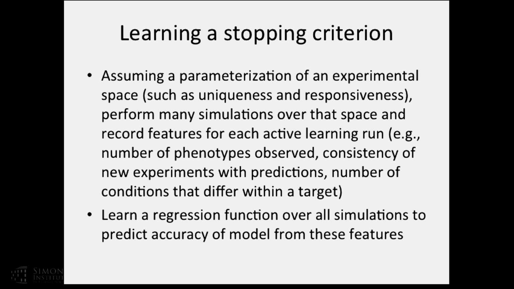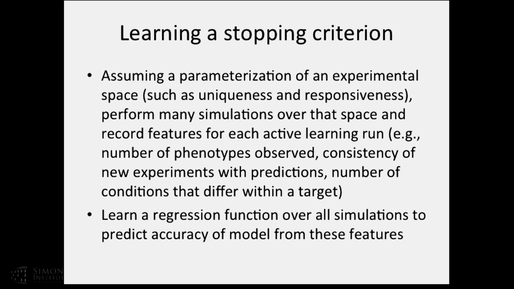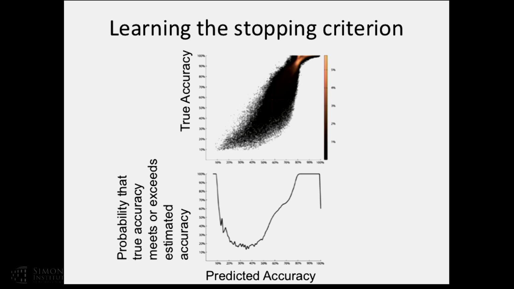So what we're going to then do is say, if this is a fair parameterization of the space, then I will have a predictor of accuracy for experiments drawn from that space. Okay? And that's what these results are. This is showing the correct accuracy versus the predicted accuracy.